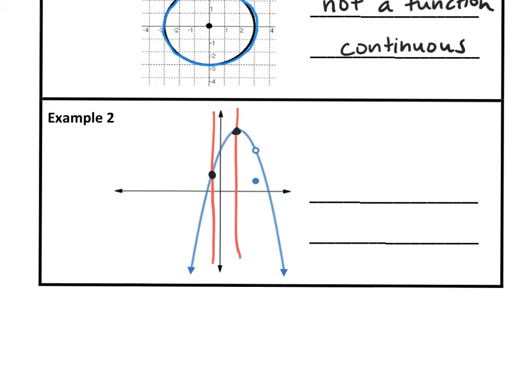So far, so good. It seems to be a function. Is there any part that is kind of a mystery, right? Is there a tricky part? Right? What about this hole?